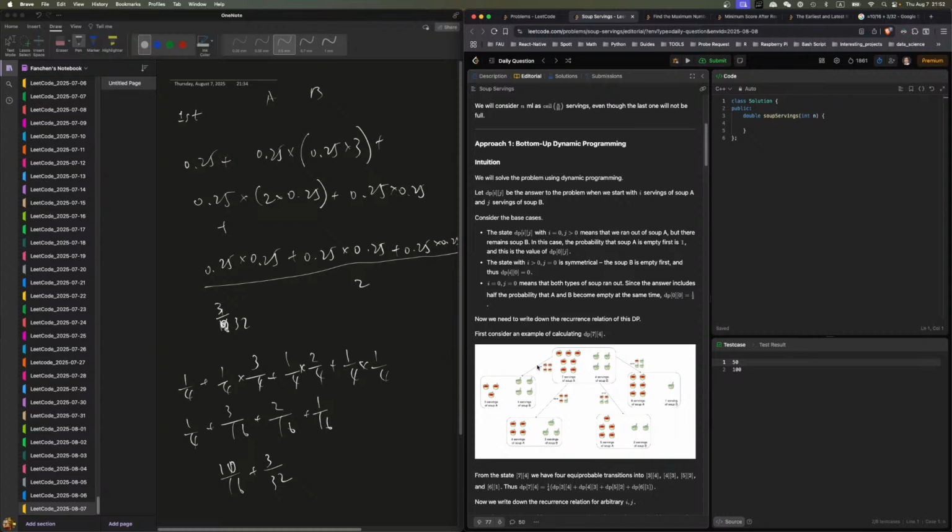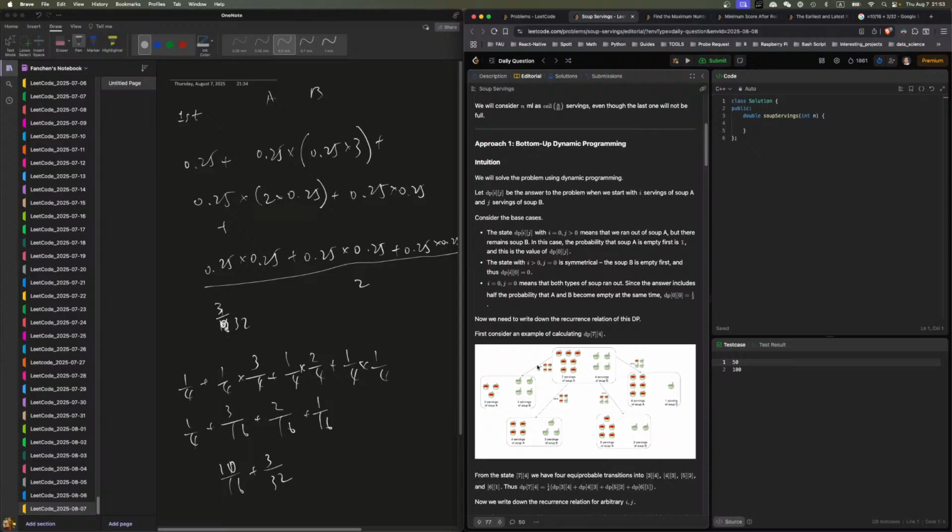We start with I servings of soup A and J servings of soup B. Wait, I servings of soup A and J servings of soup B, when we have I servings of soup A and J servings of soup B left, right?